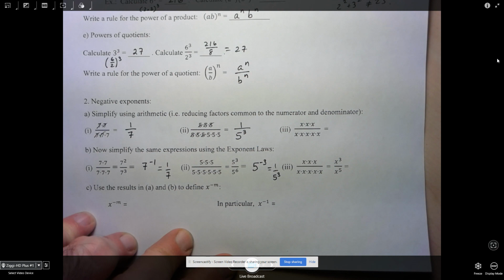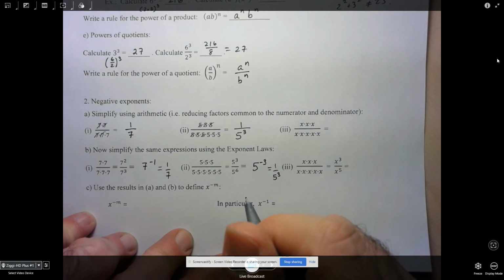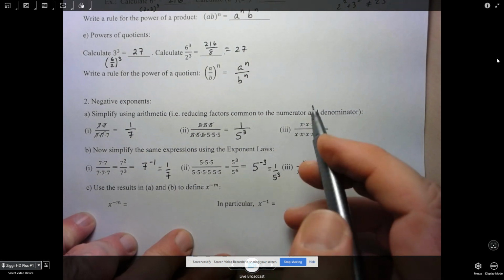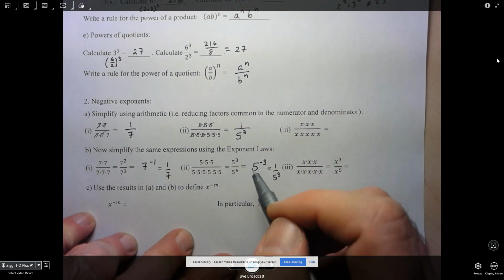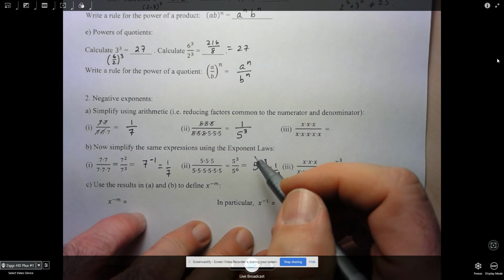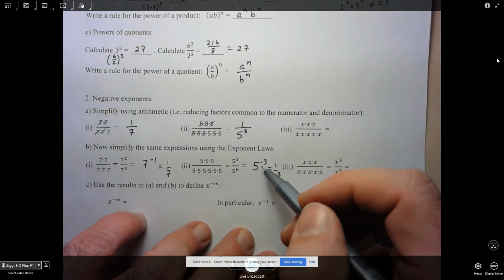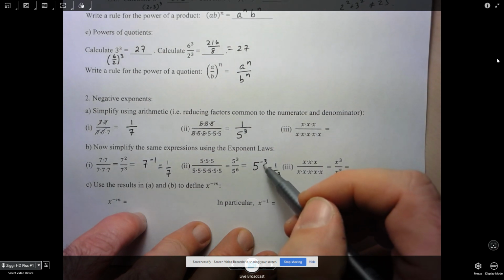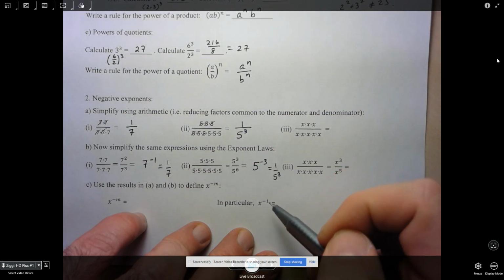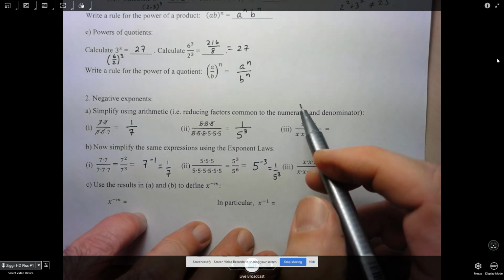Okay. So before we move on to the last one, let's notice a couple of things. A negative exponent does not make the number negative. But what it does seem to do is give us the reciprocal of the base. Okay? So this cube portion doesn't change. So remember we talked about the absolute value.